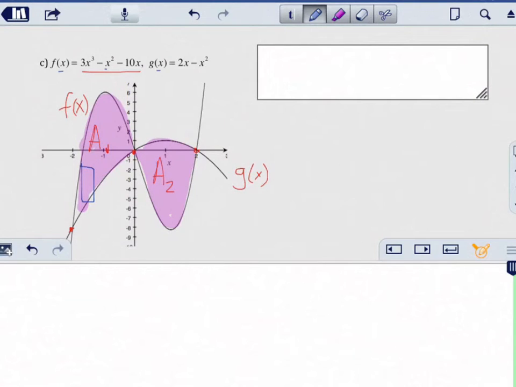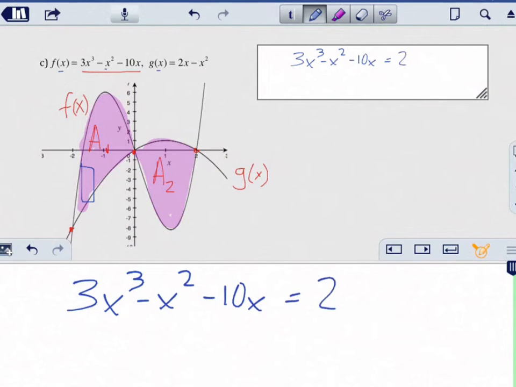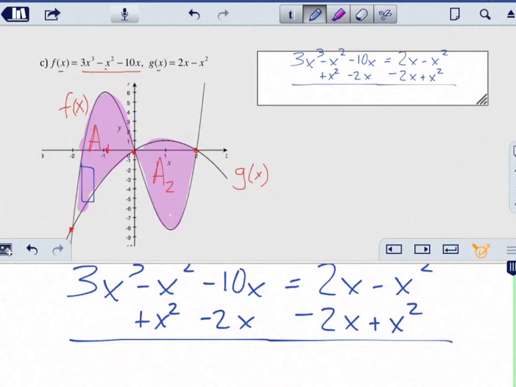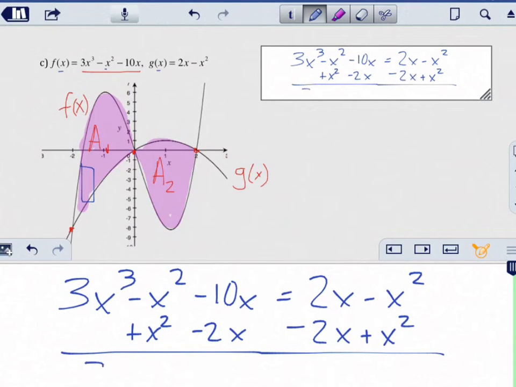So let's go ahead and let 3x cubed minus x squared minus 10x equal 2x minus x squared. And notice we're going to subtract to get it equal to 0, or add the opposite actually. So we'll have a minus 2x here, and then plus an x squared here. And that's pretty nice for us because our x squareds are going to cancel out there. So we have 3x cubed, no x squared, and then minus 12x equals 0.